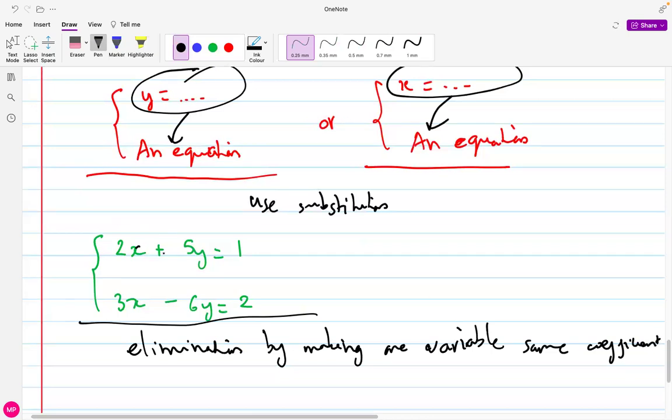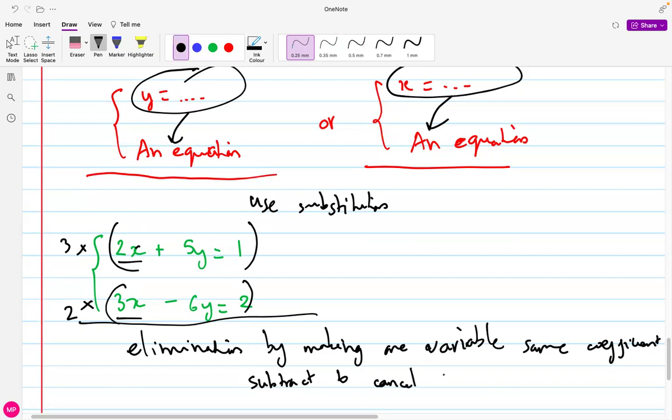So for example, you can determine that you're going to make x and x have the same coefficient. So it means 2 here, you're going to times the whole thing by 3, and 3 here, you're going to times by 2, something like that. So make them the same coefficient so you can subtract them to cancel them out.